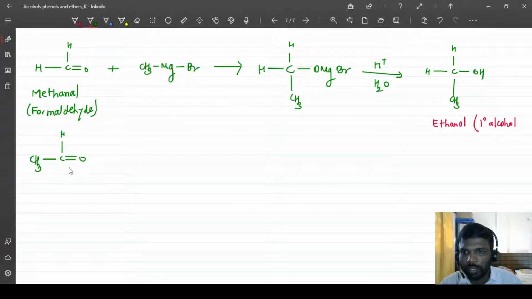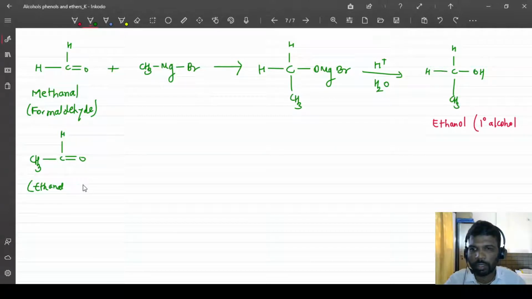Now let us take a slightly higher aldehyde, where one group is methyl, this is H over here, and a double bond to O. In this case the name of this aldehyde is ethanal, because there are two carbons. If I react this with methyl magnesium bromide, I'm choosing methyl because it makes my work simple.